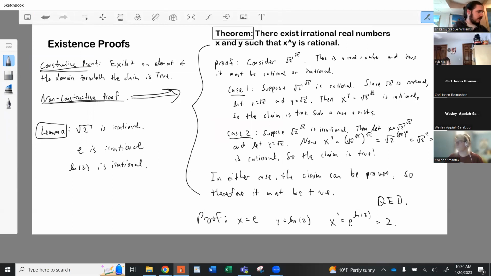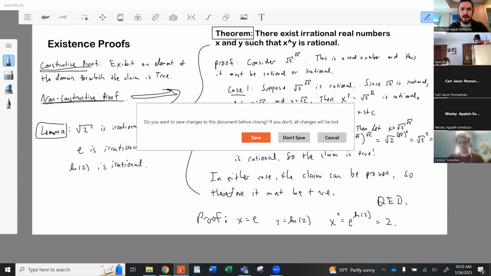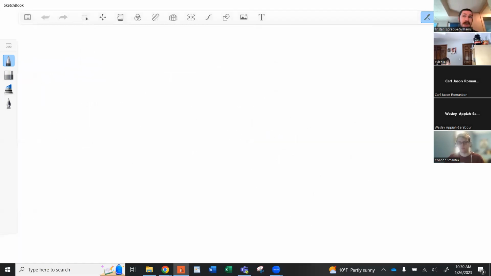So what else can we do? I mentioned yesterday that we did this example about, 0 is an example of a number whose square is not positive.